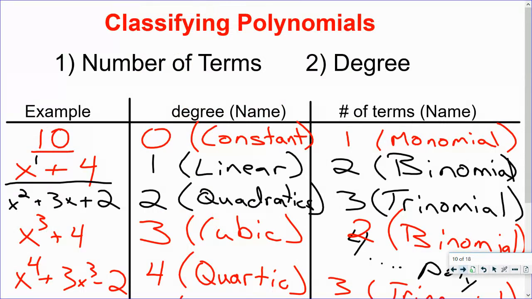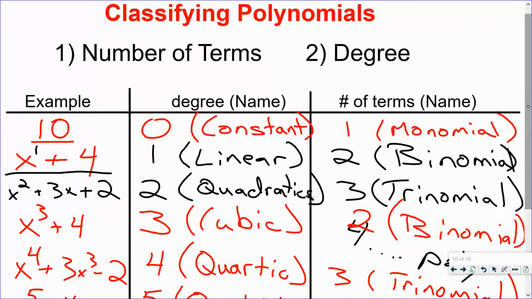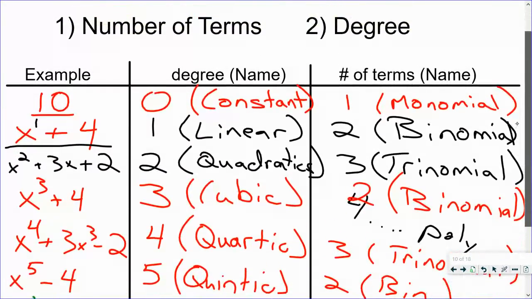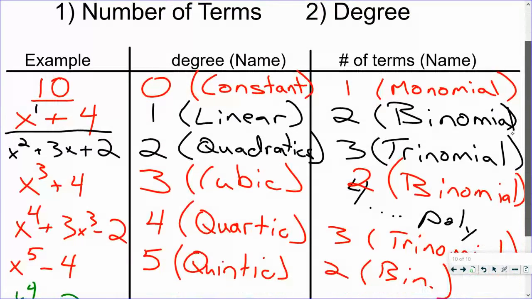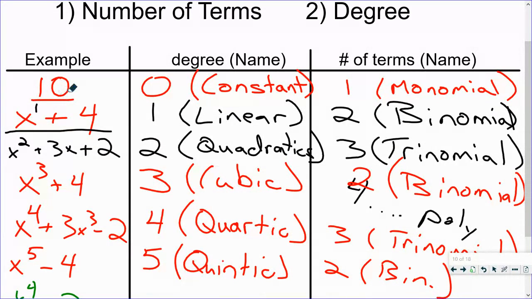Now, the other part about this is talking about what type they are, and this is right out of your book. An example is just a whole number that has degree 0 because it has no variable. The degree always attaches with the variable. That's called a constant, and in this case it's just one term, so it's a monomial. x plus 4, the degree is 1.